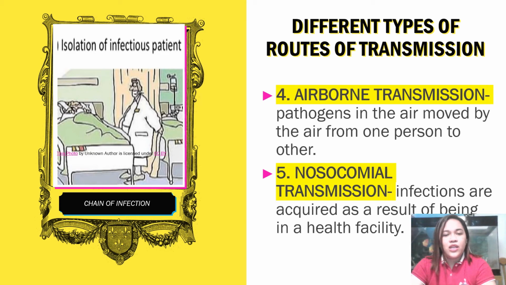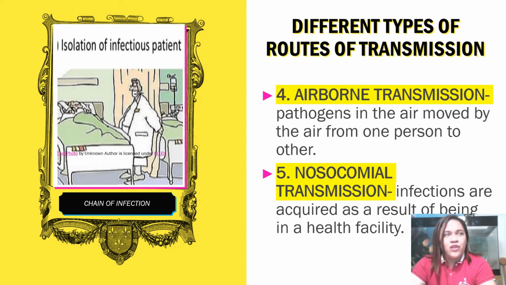And last is the nosocomial transmission, which is the infection that you can acquire from going to healthcare facilities such as hospitals, health centers, birthing clinics. So remember, healthcare facilities, this is an avenue or a party of microorganisms.